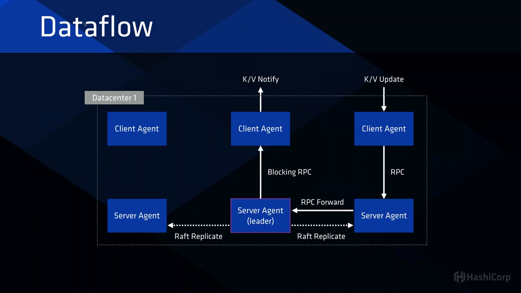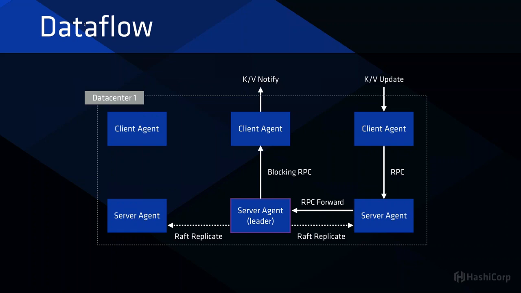That server agent in the bottom right corner is not the leader, so it forwards that RPC on to the leader, which makes an update to the state store, and then you can see in the bottom the two Raft replication arrows. So it updates the other two servers in a consistent way using Raft. And then in this case, we've got the client agent in the top center.